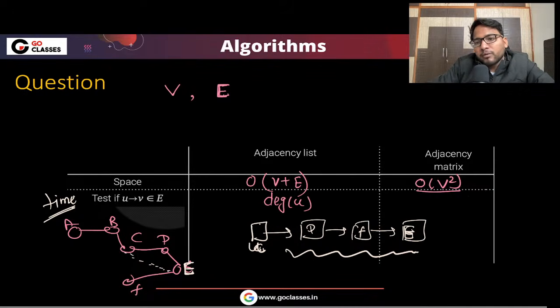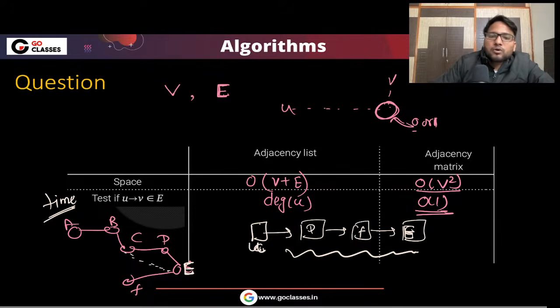Here, how much time will you be taking? This is interesting. Here you will be taking order of 1 only, right? Why? Because in just constant time, you will go to row of u and column of v, and check whether this is 0 or 1. This will be constant.